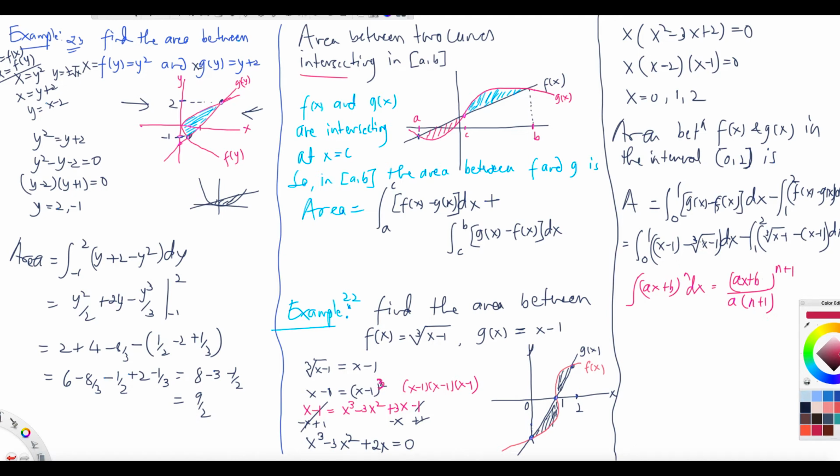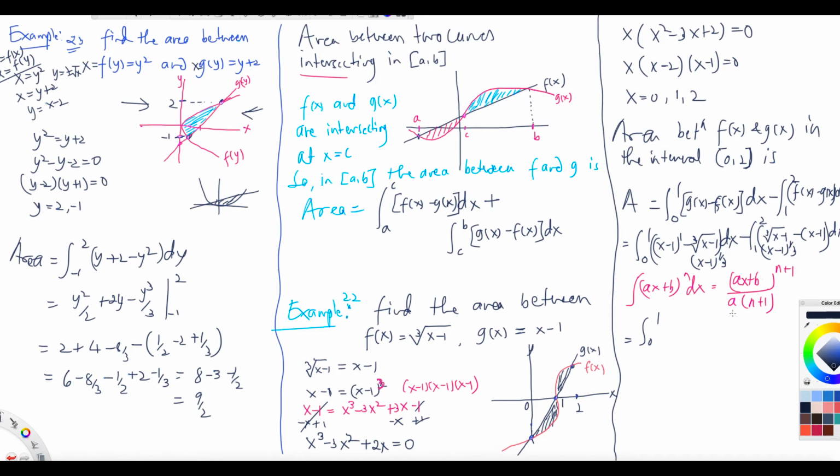Now here it is basically (x minus 1) to the 1/3, and this is also (x minus 1) to the 1/3, right? So we will use that integral formula. So what do you get then? It is 0 to 1, (x minus 1) to the 1, and the integral of that is (x minus 1) to the 1 plus 1, that is 2, over a, which is basically 1, right?